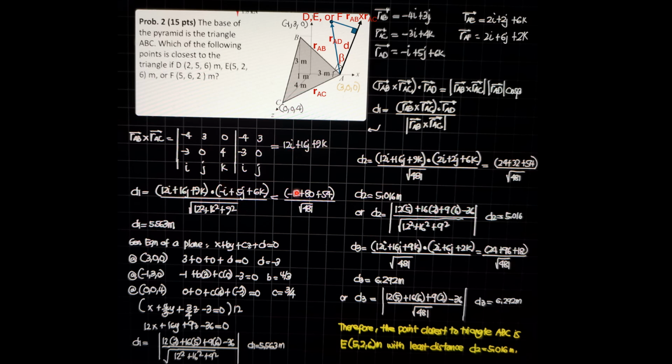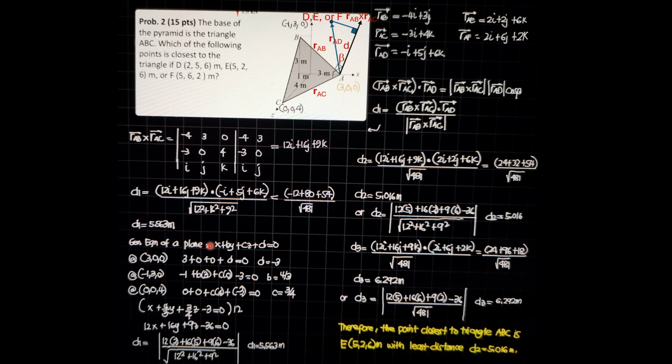Expanding, 12 times negative 1 is negative 12, 16 times 5 is 80, 9 times 6 is 54, over the denominator square root of 481, the magnitude of RAB cross RAC. So distance 1 is 5.563 meters.